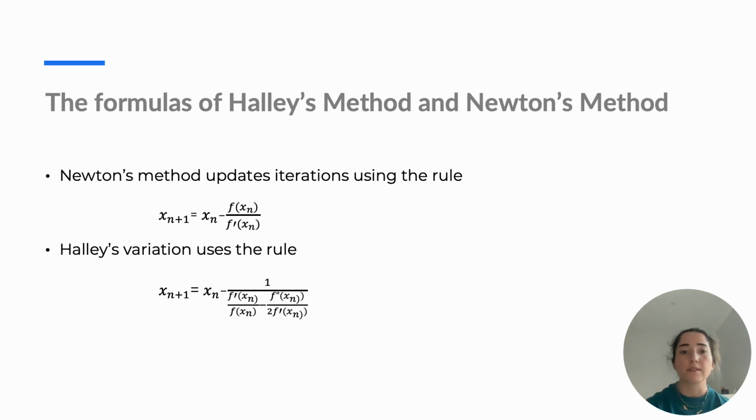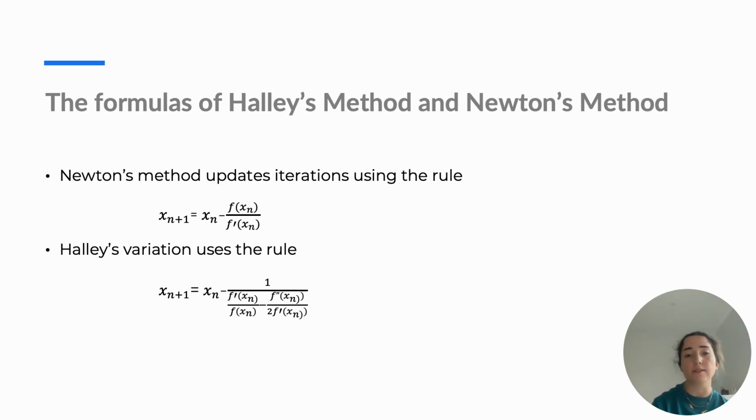Let's have a look at the formulas of both methods. Newton uses xn, f of xn, and f prime of xn. Basically, we are starting with x sub 0 as our starting point.